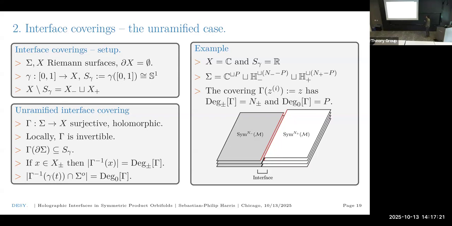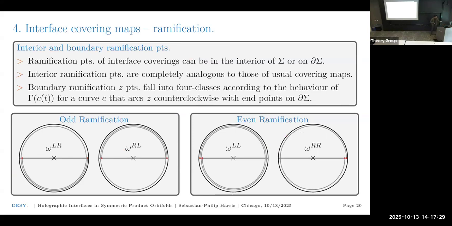And so these are now unramified interface coverings, and as in the bulk case, we also should include ramification. As opposed to the bulk, we now have a new situation where ramification points could either appear in the interior of the covering space or on the boundary.